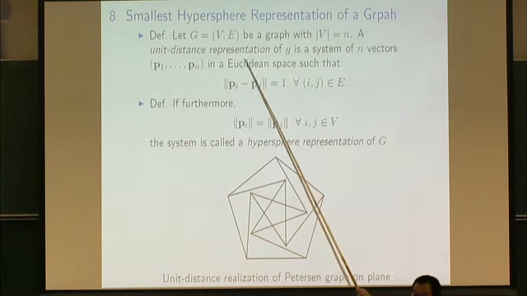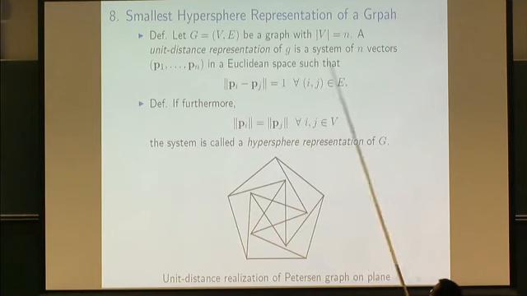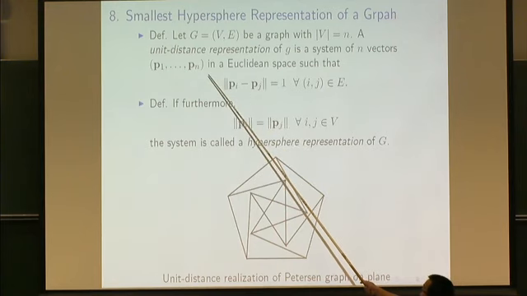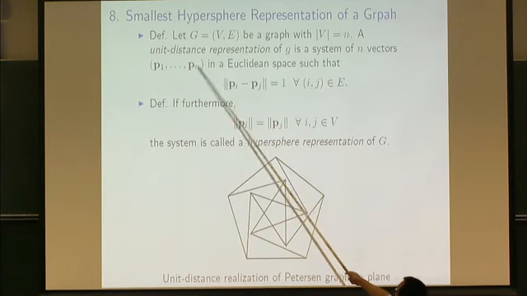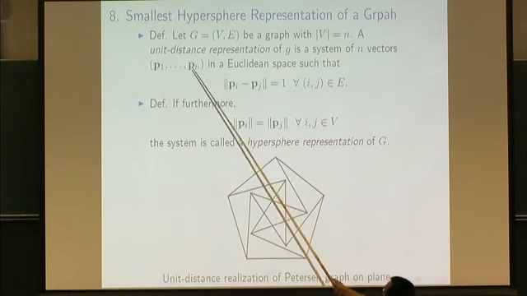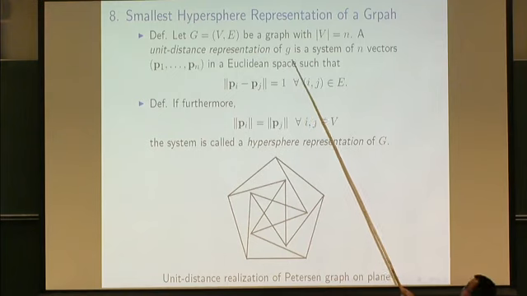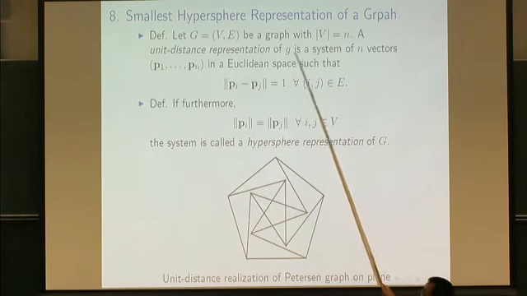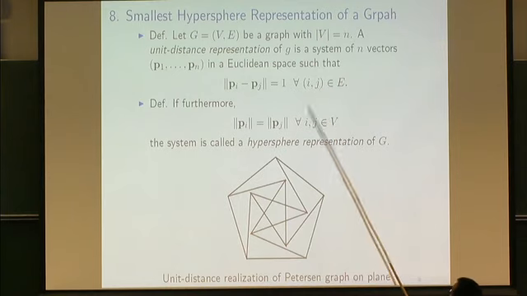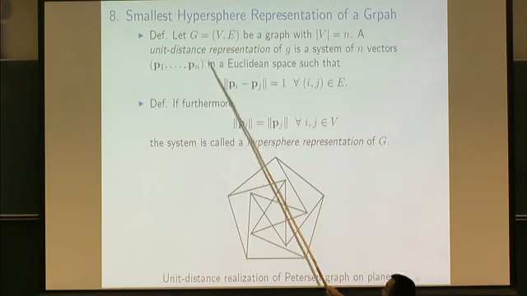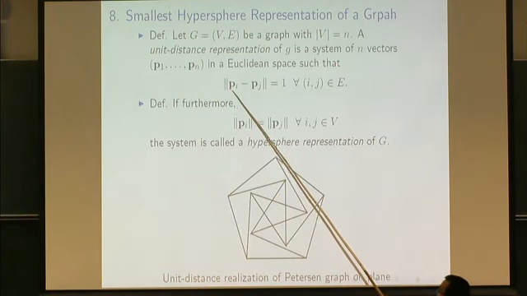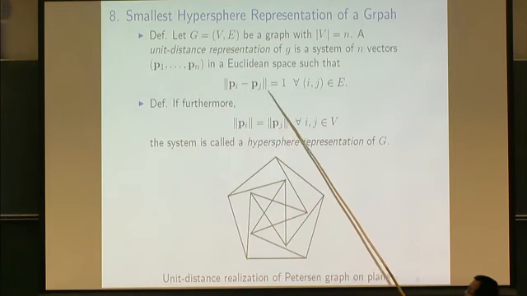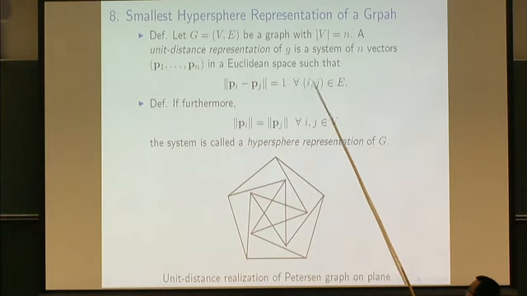And you have a graph, okay? You have points. This is the definition, all right? You have a unit distance representation of a graph, capital G. It's a system of points, and for any edge in this graph, the Euclidean distance between the endpoints is 1.